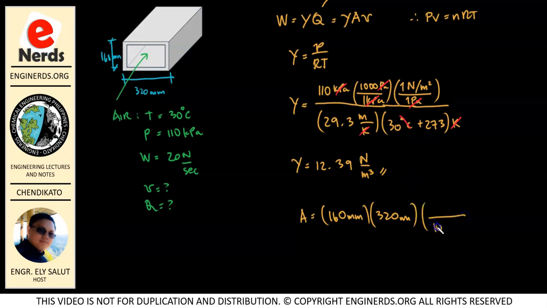We have 1000 millimeter in 1 meter, and we're going to square that. So our square millimeter will be cancelled out, and what remains is square meters.